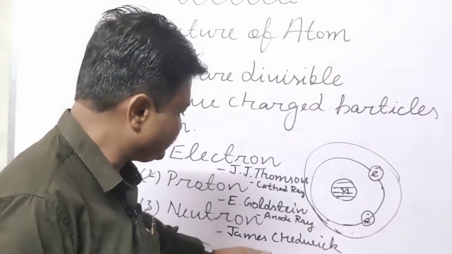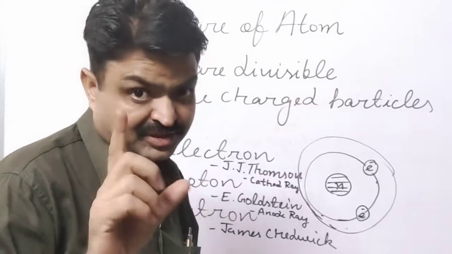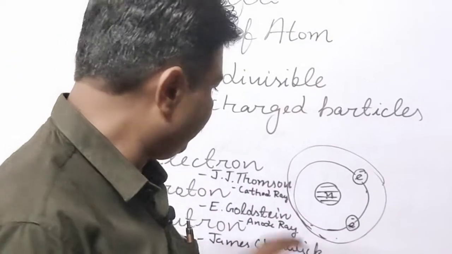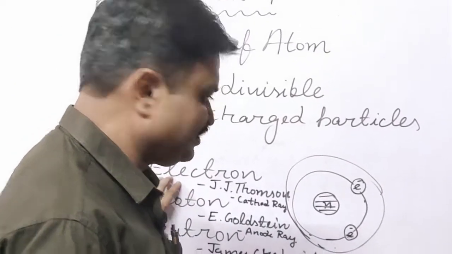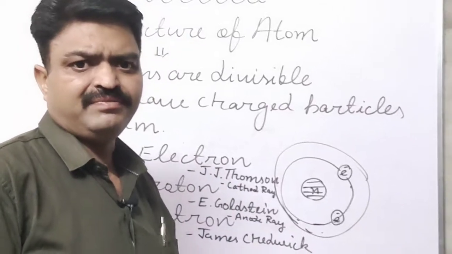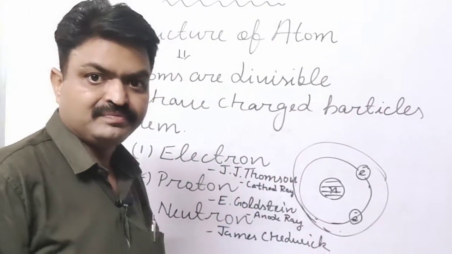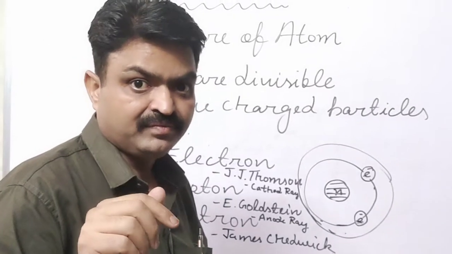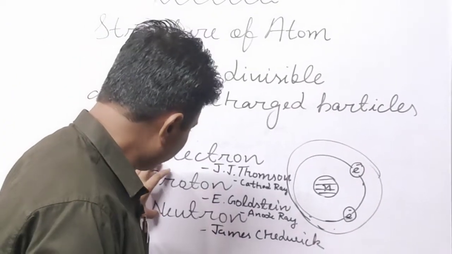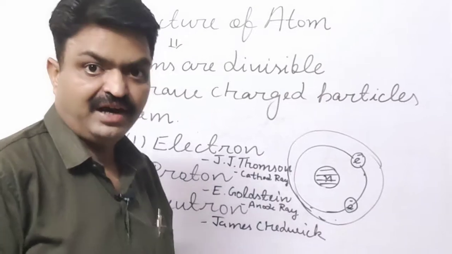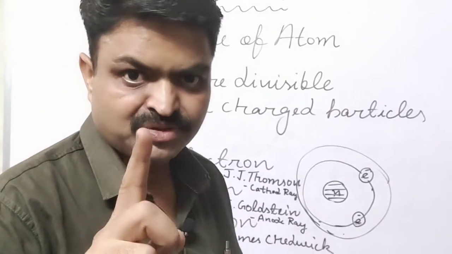Neutron, that was discovered by James Chadwick. And about these discoveries, it is not clear in your NCERT, student. It is extra for you. And these basic concepts are generally asked in competitive exams, student.